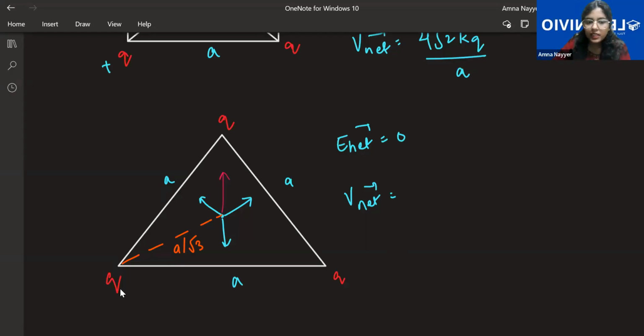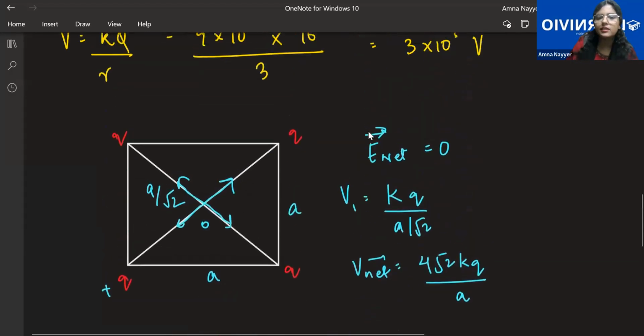One potential will be due to each charge at the center. Yes, three. Very good. So for your NEET exam, it will be 3 times, since it's a symmetrical figure. For one charge it is KQ by A by root 3. So this is the answer. This is how you have to deal with symmetrical figures.